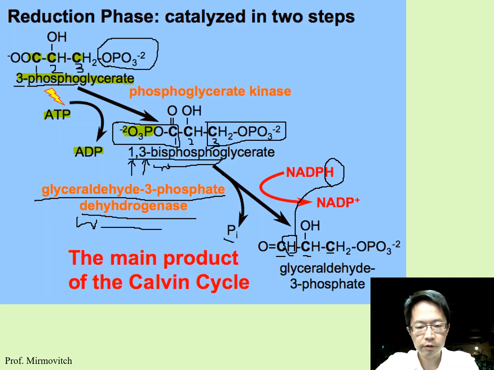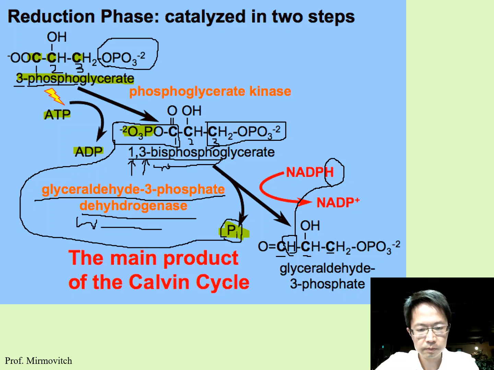You see that the phosphate group is removed here. So this phosphate group is the same phosphate group as this phosphate group. They're the same phosphate group. Okay. Removing this phosphate group and then adding the hydrogen atom from NADPH onto the carbon number 1, then we will have glyceraldehyde 3-phosphate.